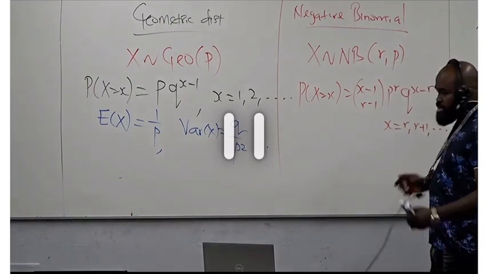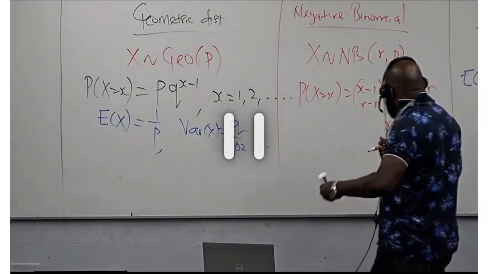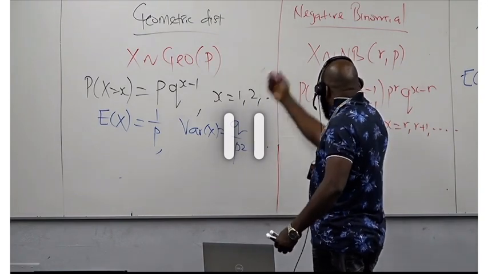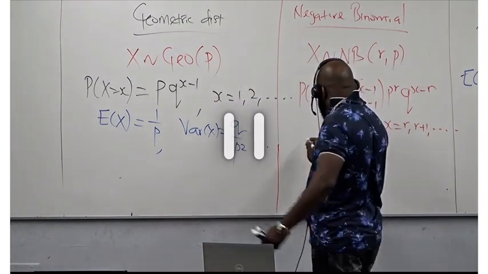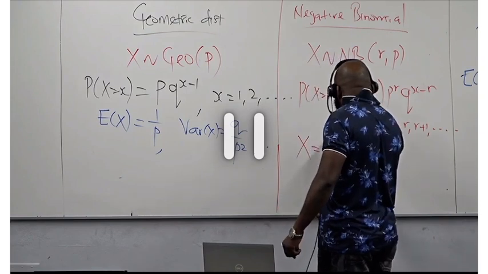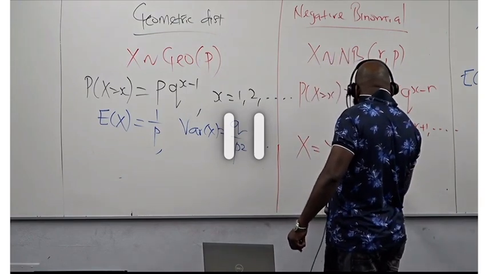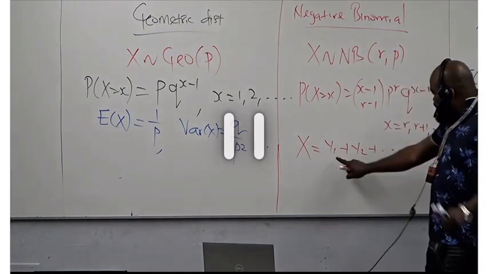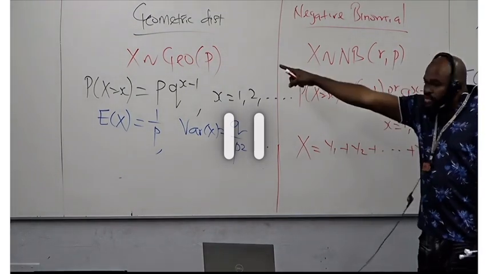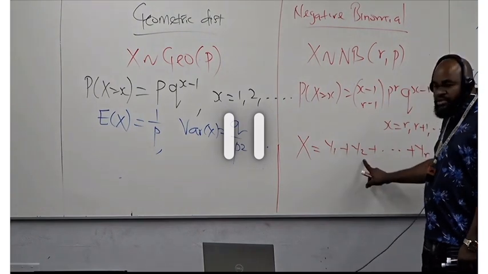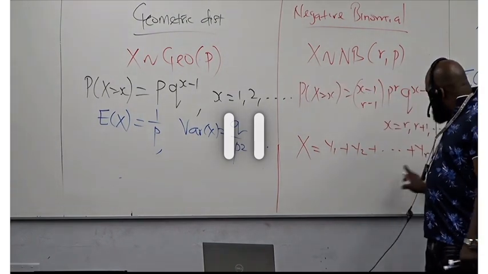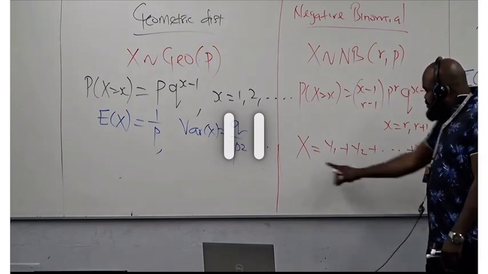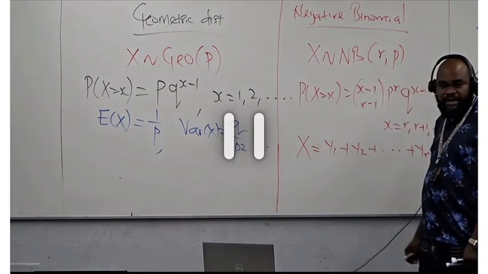Now, let me tell you this. We've been able to see that if X follows negative binomial, X is going to be Y1 plus Y2, and so on. For instance, if Y1 follows geometric, Y2 follows geometric, up to Yr, and I sum all of them together, my X will follow negative binomial.